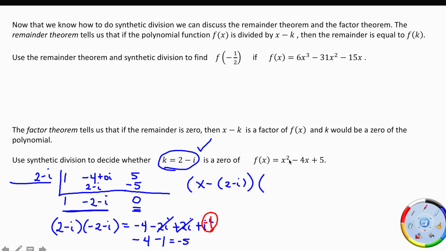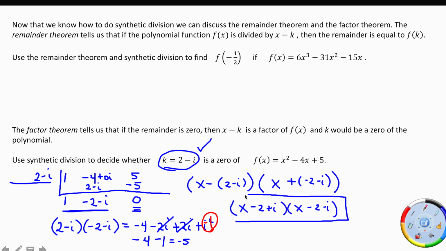Since it started out a square, this is going to be 1 degree less. So x plus negative 2 minus i. No remainder. So I could write this as x minus 2 plus i and x minus 2 minus i.